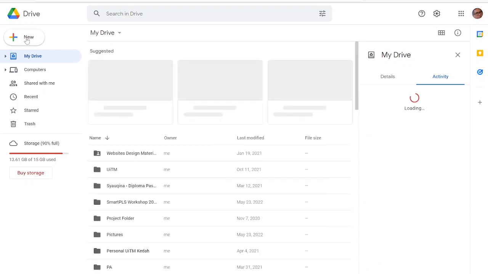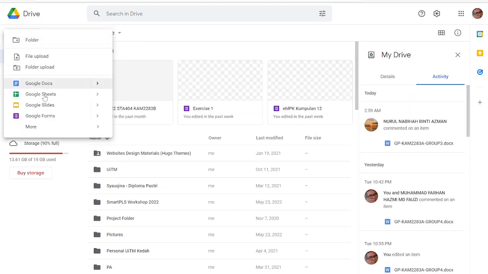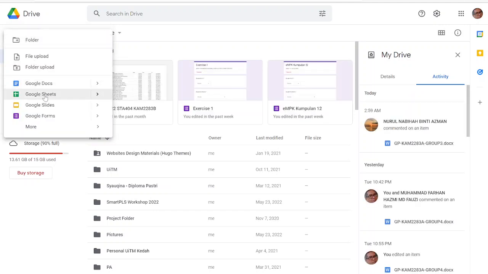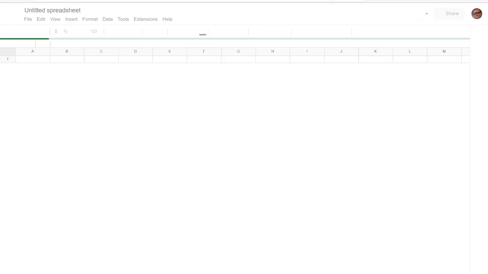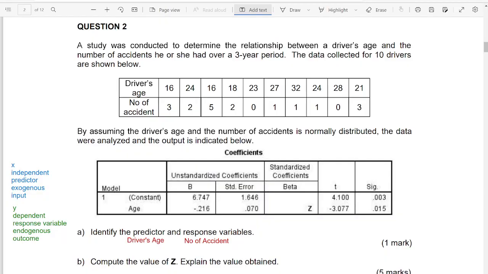Sometimes it's very slow. Out there? It's okay, clear. Because it's normal, UiTM, right. Understandable.